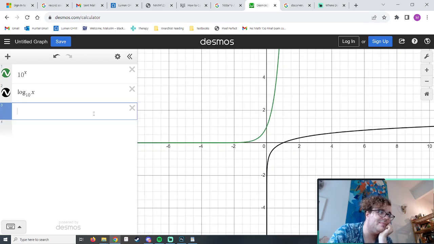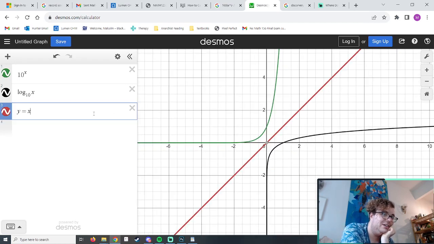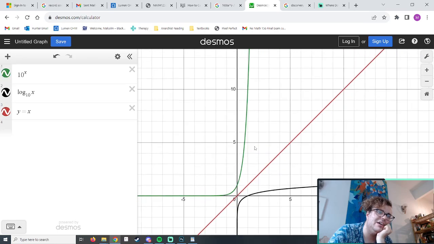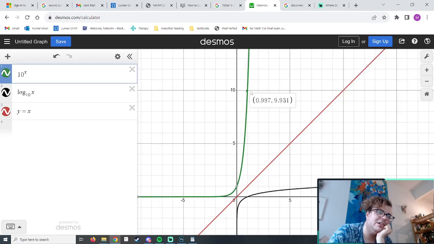Specifically, they have a symmetry over the line y equals x. They're mirror images over the line y equals x. Meaning, for example, if my first function, 10 to the x, has the point 0, 1, then its inverse must have the point 1, 0, where those numbers are switched. And so on. Like, if we have the point, I was saying earlier, at 1/2, I'll do a nicer point. Well, we have the point 1, 10 on this function here.